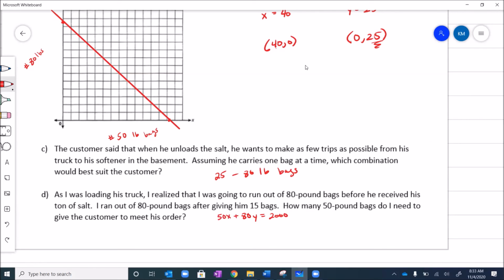Because we only have 15 80-pound bags, that is now no longer a variable. We know what that was. But now we need to know how many 50-pound bags we're going to have to give him. So 80 times 15, that gives us 1,200.